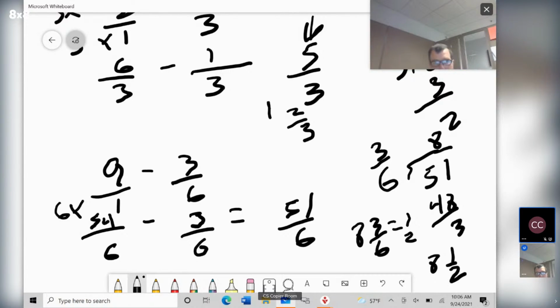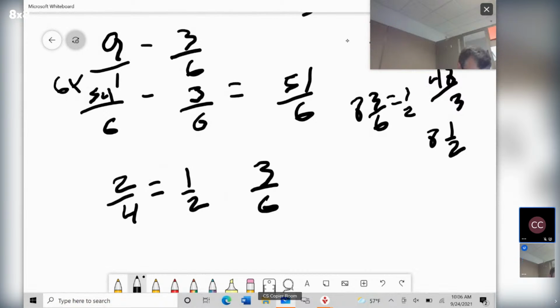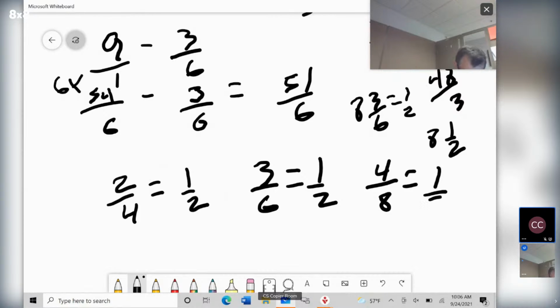1/2. Okay, sometimes it's going to ask you to reduce all the way down, and just to show you, 2/4 is the same as 1/2, and 3/6 equals 1/2. 4/8 equals 1/2. Sometimes you want to take it to the lowest fraction.